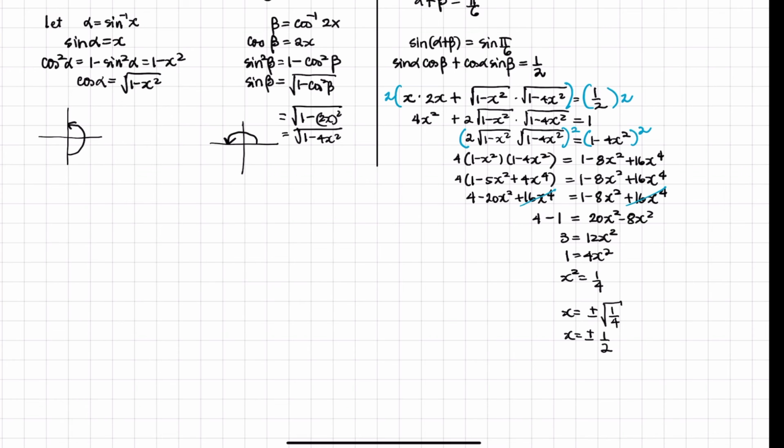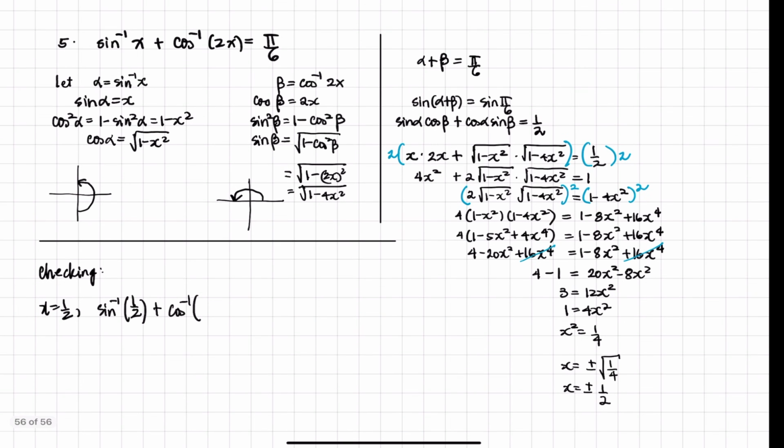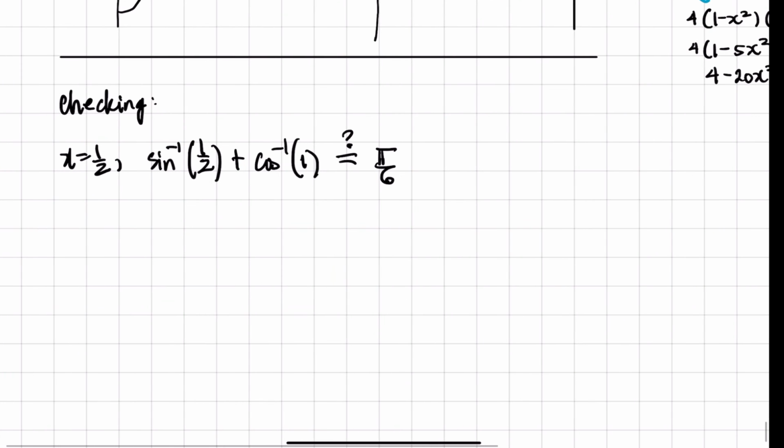So, kung pwedeng yung dalawang yan sagot, pwedeng isa lang sagot, pwedeng walang sagot. And how do you find out? Isa-substitute mo doon sa original equation, or yung checking na tinatawag natin. Okay, so checking. So, unahin natin si 1/2. Sine inverse 1/2 plus cosine inverse of 1/2 times 2 is 1. Is it equal to pi over 6? So, sine inverse 1/2, saan equal yon?